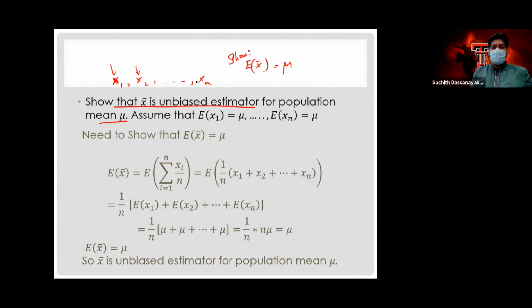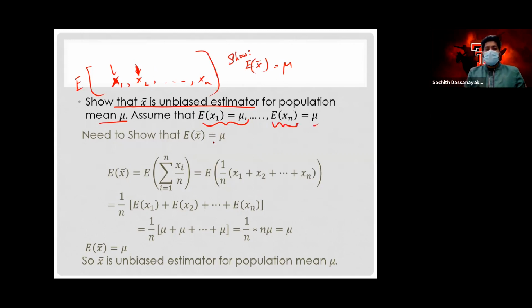Since you haven't done sample means yet, consider this one. The expected value of x1 is mu, the expected value of x2 is mu, the expected value of xn is mu.